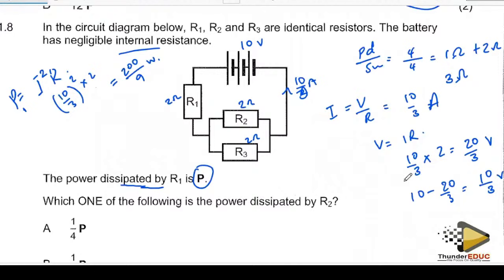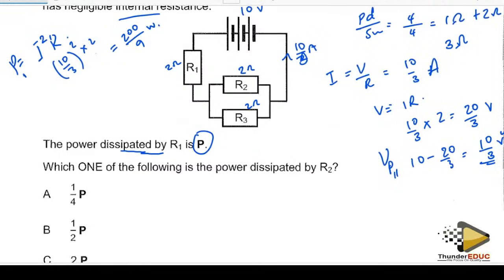So this voltage is going to be the voltage of the parallel combination. Now we have the voltage, we can look for a formula that has voltage, because we know the voltage across R3 is going to be the same voltage across R2.